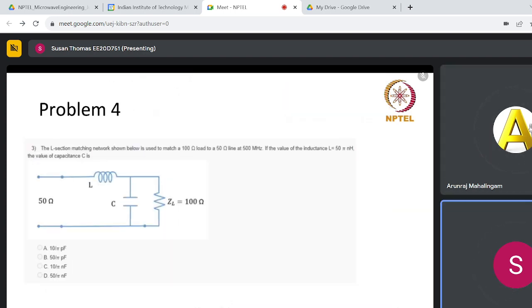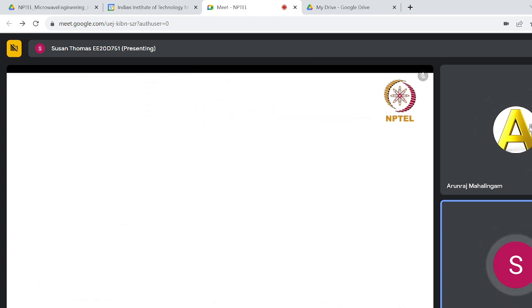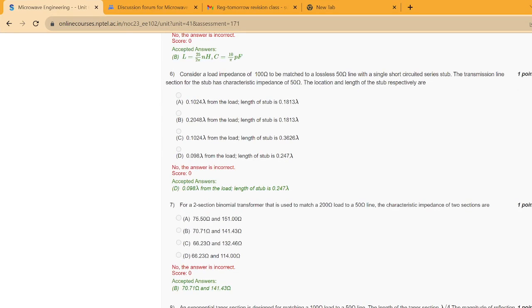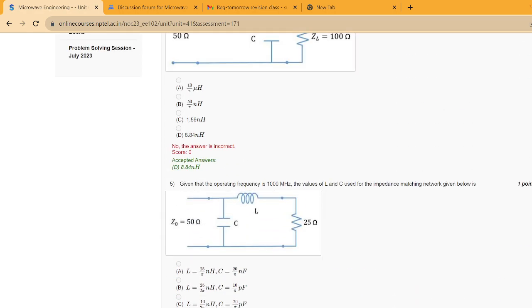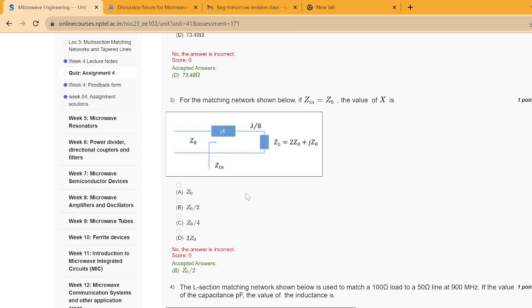Now, there is one question for which, in fact, even I have a confusion. While I am trying to do it, the answer option given by NPTEL does not seem to be correct.